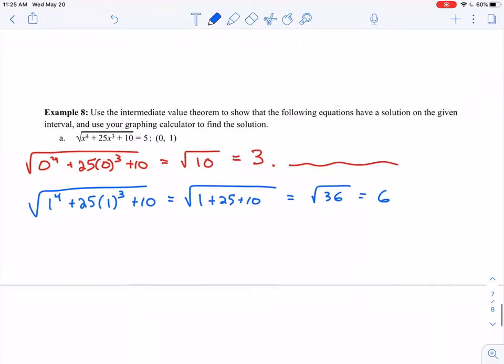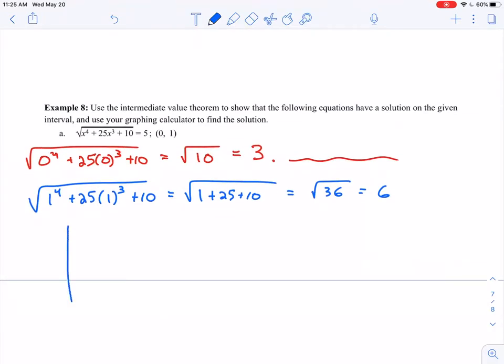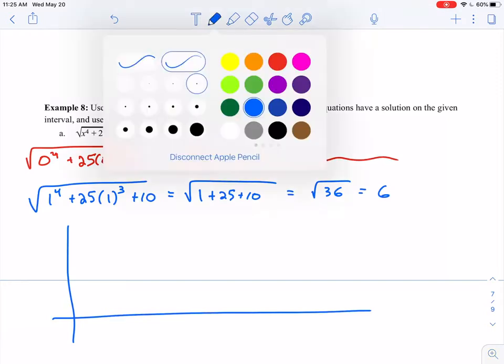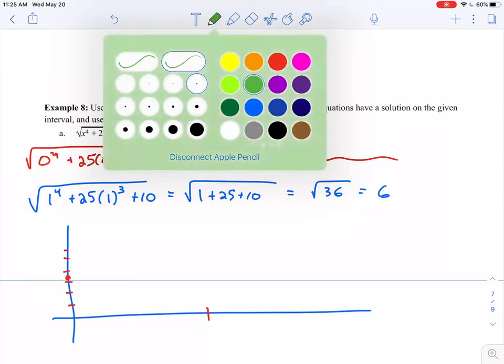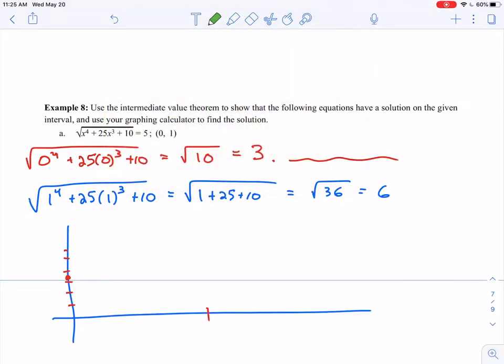So what does that mean? At 0, we have this point right here, somewhere between 3 and 4 on the y-axis, 1, 2, 3, 4, 5, 6. And by the time we get to 1, we end up at a y value of 6 over here. So we're starting right here and ending up here.